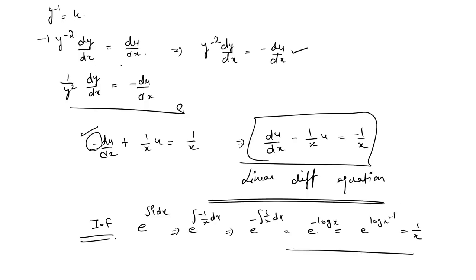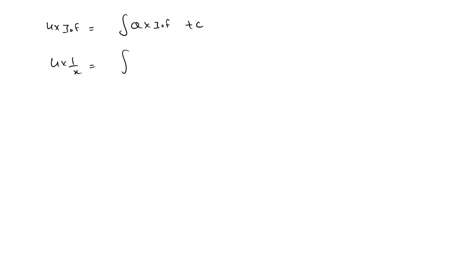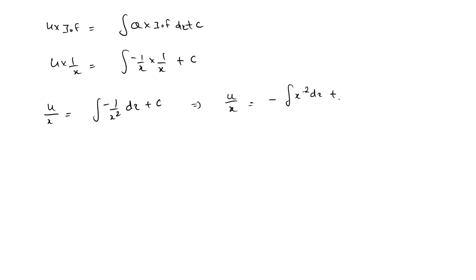What is the value of q? That is minus 1 by x. So we put here minus 1 by x, and the integrating factor is 1 by x, plus c. So u divided by x equals integration of minus 1 by x square dx plus c. Again, u divided by x equals minus x^(-2) dx plus c.